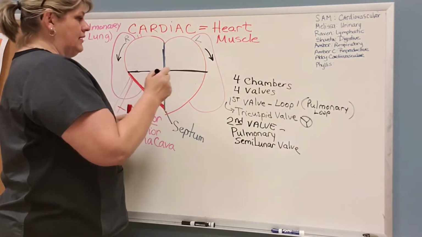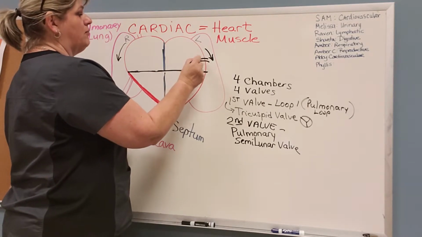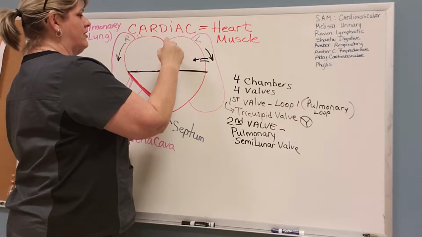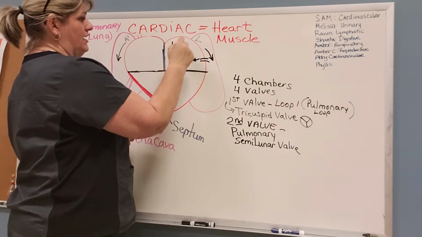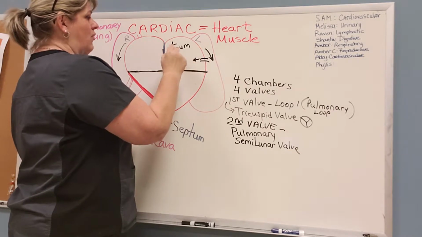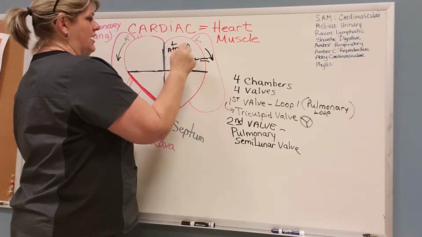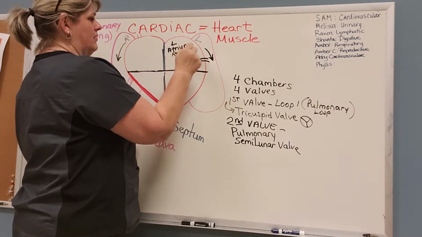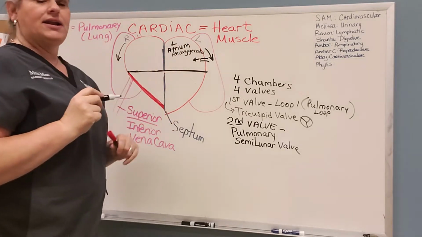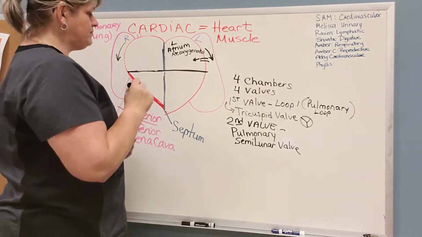Loop 2 is the blood comes back in to the left atrium. Okay? So now we're reoxygenated. We have nice, fresh, rich oxygen that's ready to be going to the whole body.